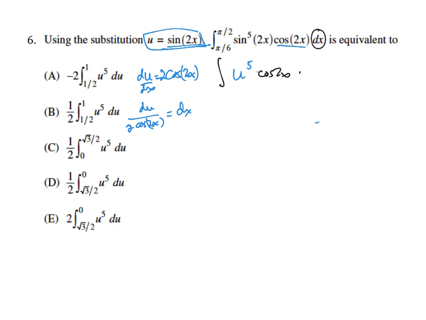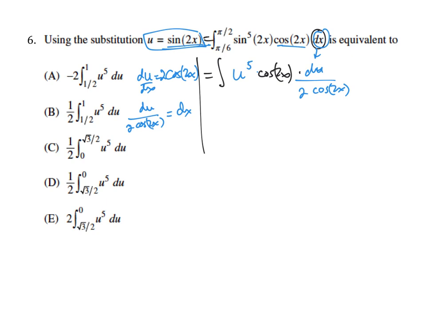And then this dx is going to be my other substitution, and that's going to become du over 2 times cosine 2x. Okay, so now I'm going to look at what I have, and I'll draw a line here because this is just my u-substitution. So I'm rewriting my integral that I had.